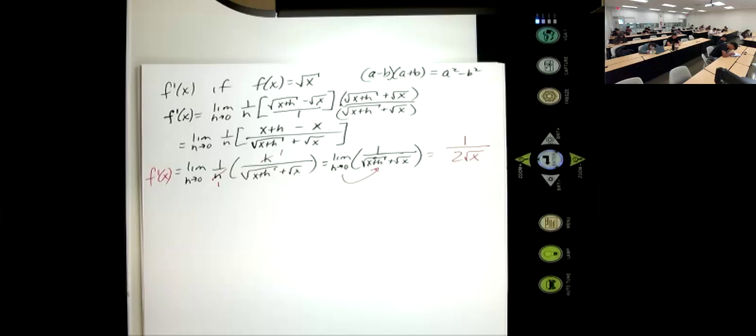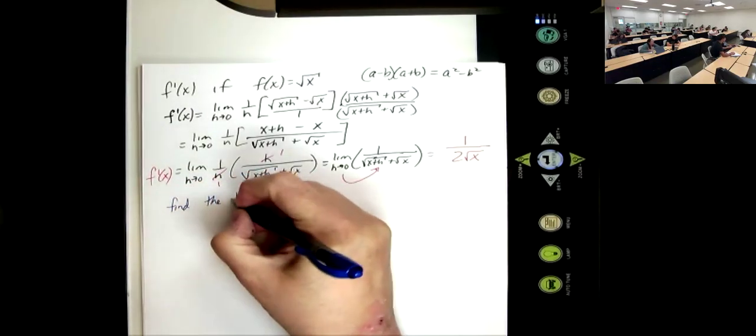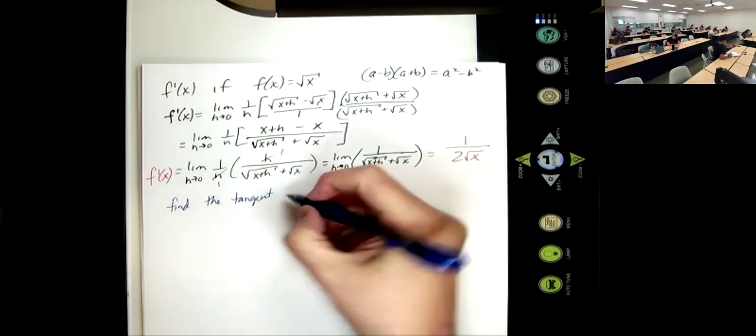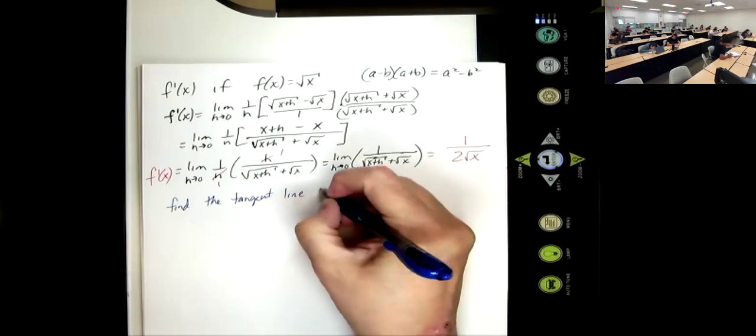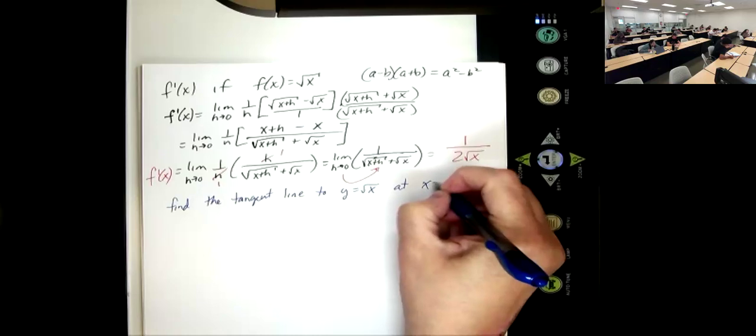As a reminder, but what are we doing this for? It helps us find the slope of a tangent line. So let's find the tangent line to y equals square root of x at x equals 9.